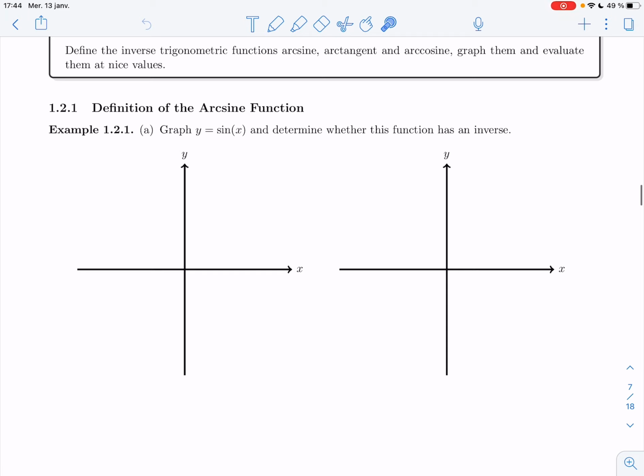All right, so let's start with arcsine. Definition of arcsine. Let's look at example 1.1. I want to graph y equals sine of x and determine whether this function has an inverse. All right, so sine starts at 0, 0. And then it's 0 again at pi and at 2 pi.